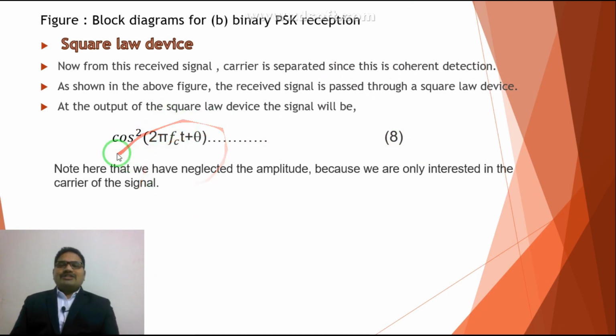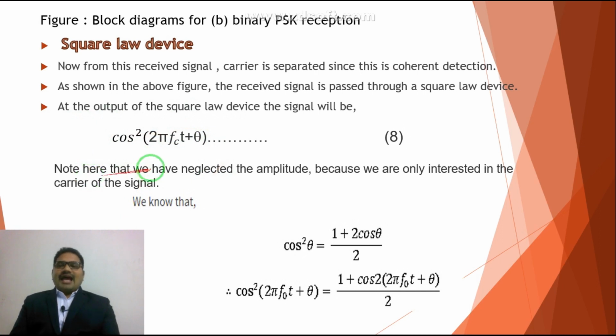So in order to simplify this equation, we have ignored this amplitude factor. After that, as we know, cos square theta is given by (1 plus cos 2 theta) by 2. So we can write cos square (2 pi fc t plus theta) is equal to (1 plus cos 2(2 pi f0 t plus theta)) by 2.